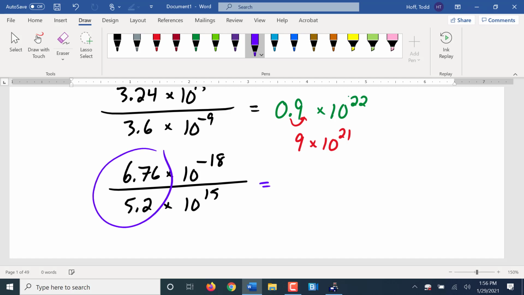First, 6.76 divided by 5.2 is 1.3 times 10 to the, there we go. So it's negative 18 minus 15. So it's negative 18 plus a negative 15. So negative 18, negative 15.